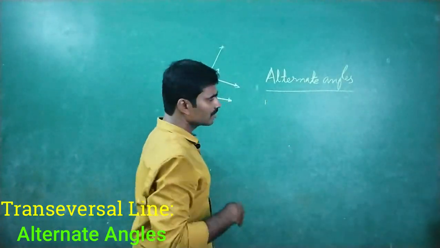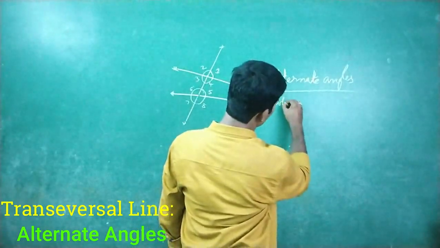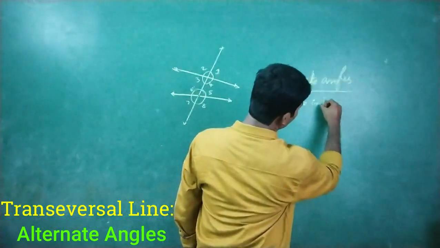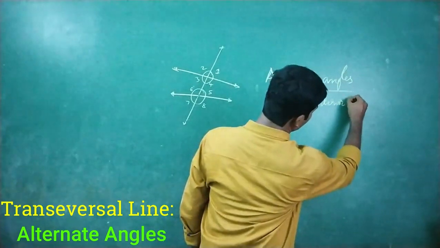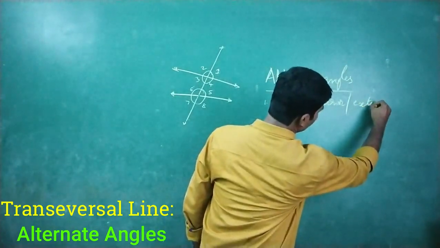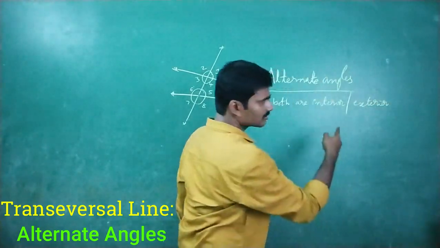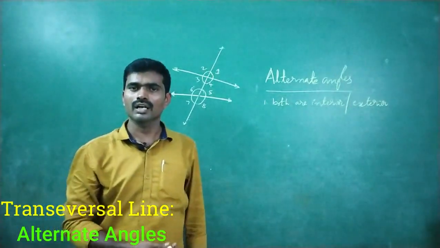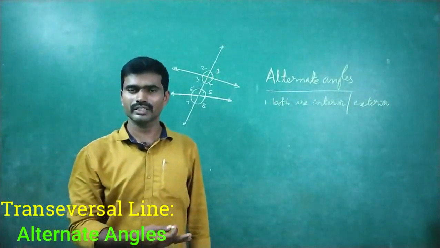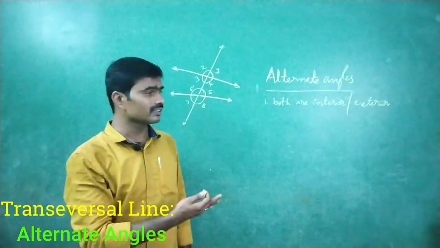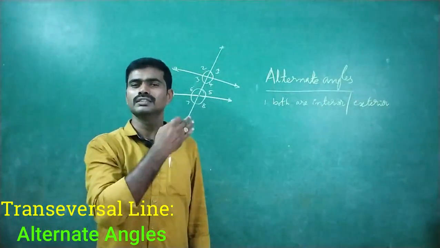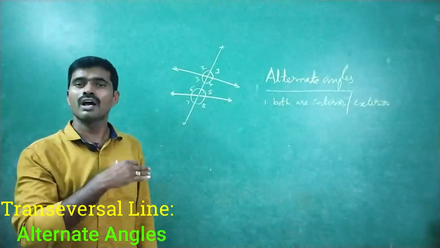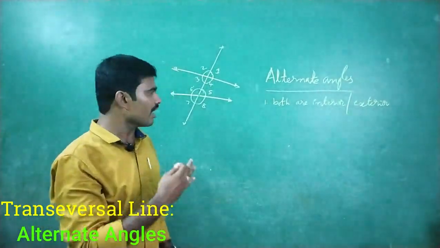The first one is that both are interior or exterior. Both angles should be interior or both angles should be exterior. If both angles are interior, then the angles are called alternate interior angles. If both angles are exterior angles, then the angles are said to be alternate exterior angles.